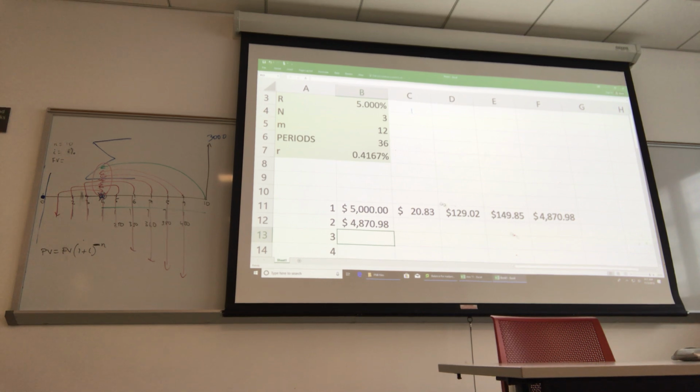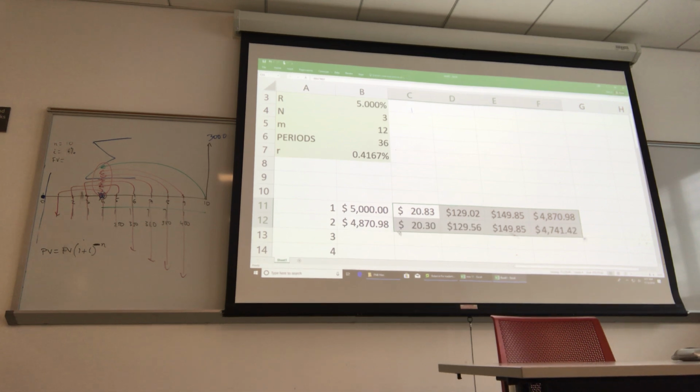The next thing you need to do is take that information and drag it all the way down. Before you go all the way, you test to see, is everything correct? Do you calculate the interest payment correctly? Yes, it's the rate multiplied by the amount of the loan that you have.